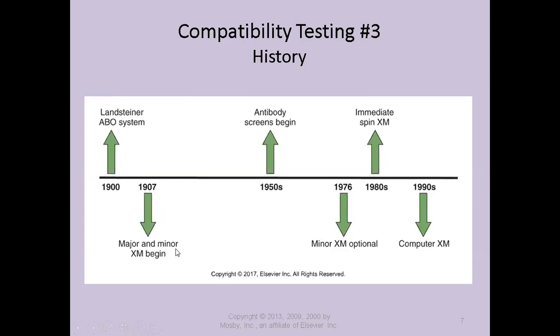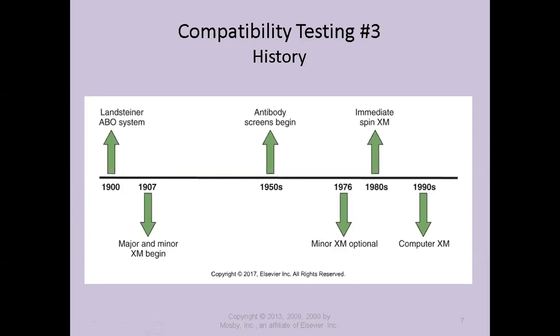The minor cross-match was the reverse of this. And the minor cross-match was really done back in these days because, back when transfusions were starting, they didn't have the capability that we have today to centrifuge products and take the red cells and have them separated from the donor's plasma.